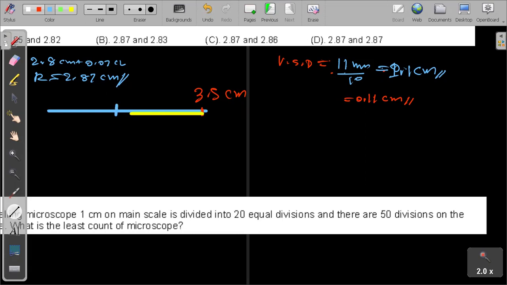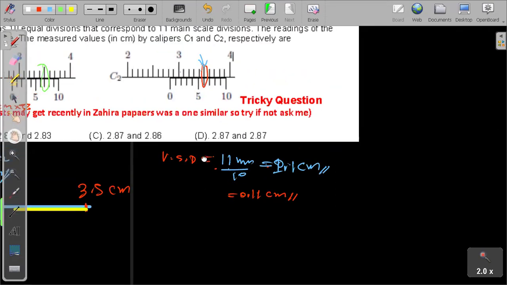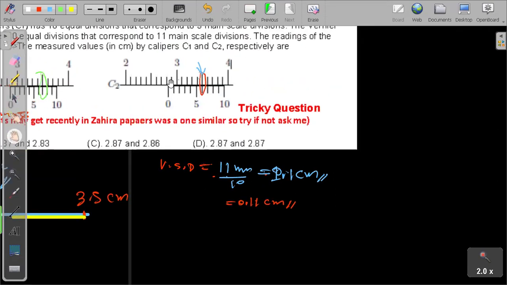Now you can see another thing. The line had cut certain line over there. So the total length up to here is 3.5.